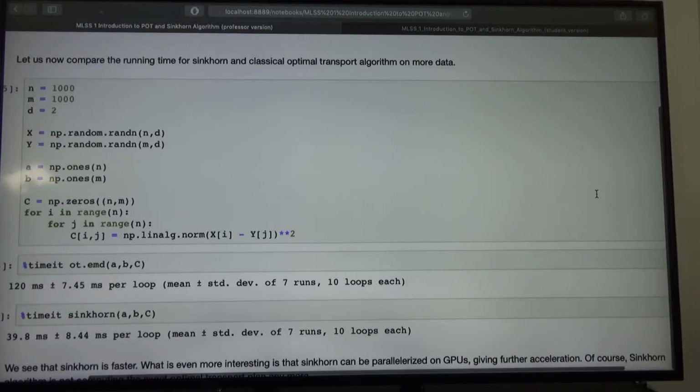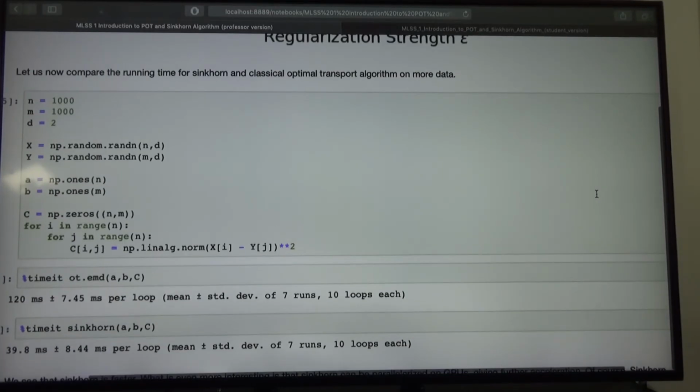And one last thing is the computational burden of the real linear program you want to solve. So here, let's say we take not 8 and 5 bakeries and cafes, but 1,000 of them. And we just take them random.